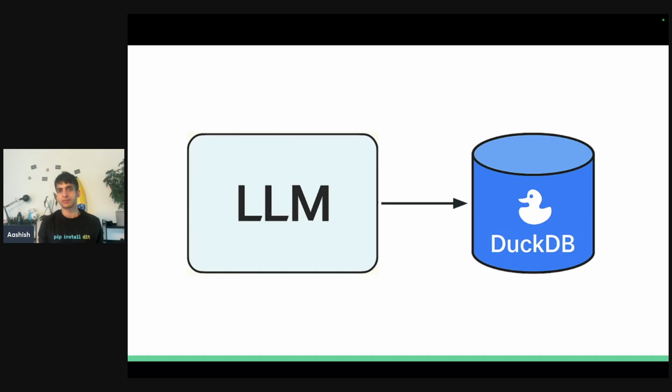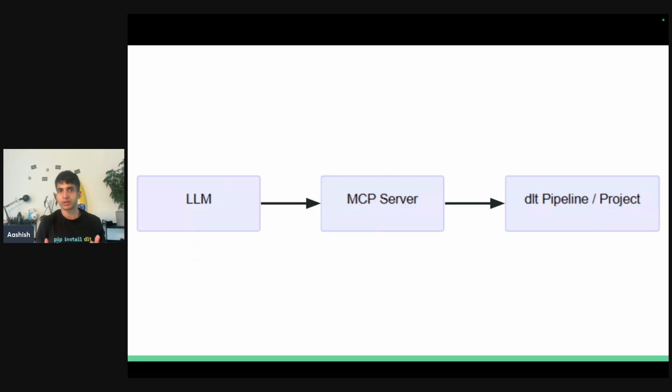And that's where MCP comes in. MCP is essentially a protocol that lets our LLMs extend their capabilities to external tools or other context. The way you implement MCP is by creating MCP servers, which are lightweight programs that follow the Model Context Protocol. And they serve as an intermediary between your LLM and, in this case, our DLT project.